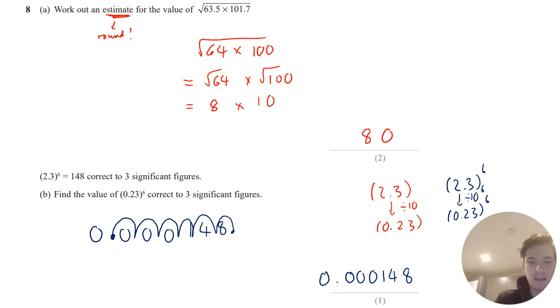But if you think about why it can't be 14.8, well, it can't be that because 0.23 times 0.23 is going to be less than 1. And the more you multiply by 0.23, the smaller and smaller it's going to get. So hopefully now you realize that the answer has to be 0.000 something. Okay, not sure if that was the best explanation, but that is one way to think about it. Next question.